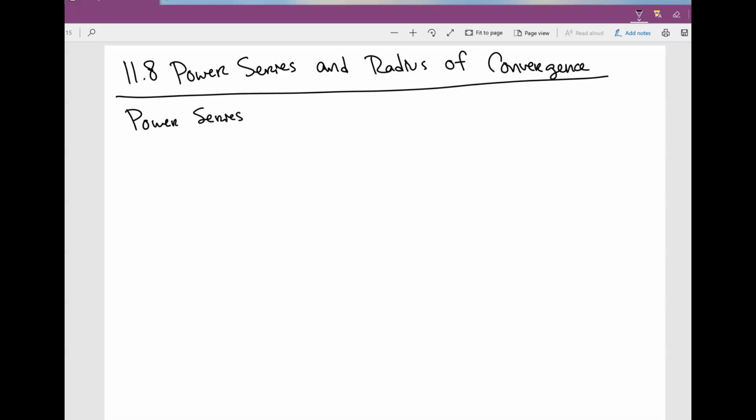Basically, a power series is just the sum from n goes from 0 to infinity of c sub n x to the power of n. Now what we're doing is plugging in a value of x, which we haven't done before. We've only been dealing with n.